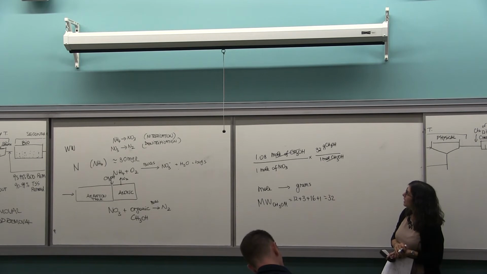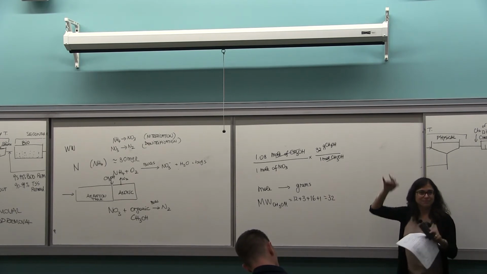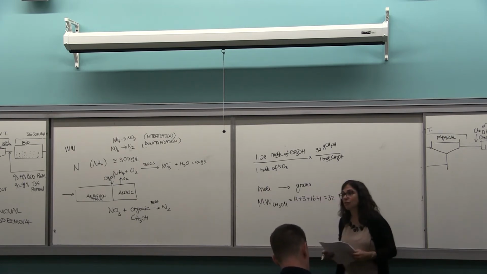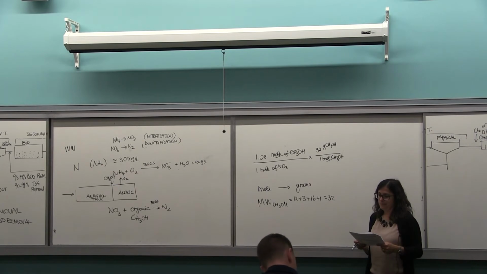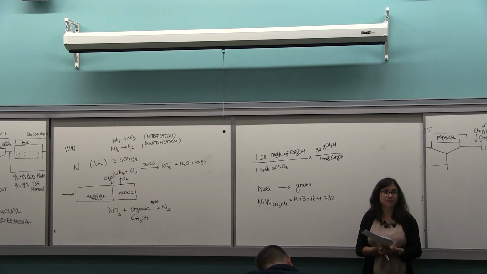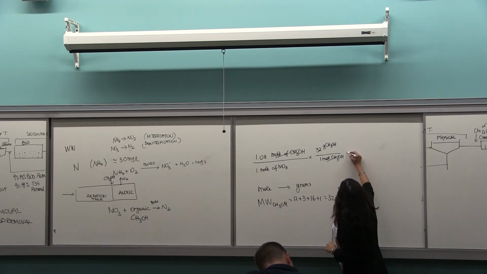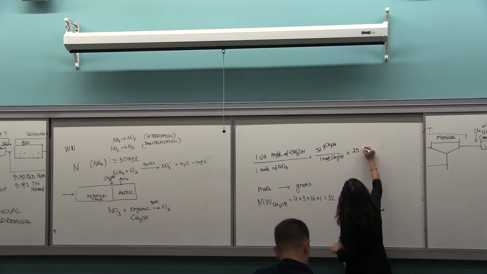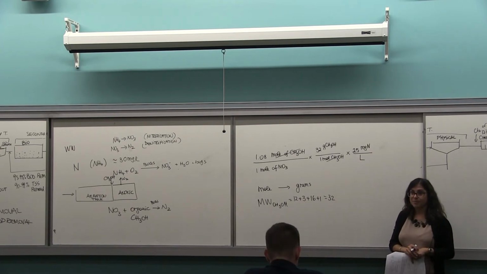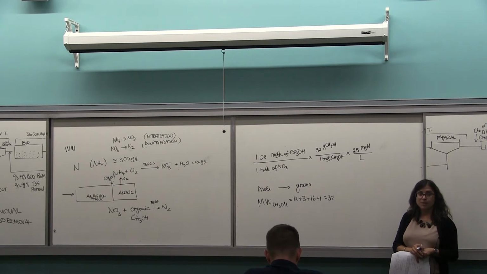So now I know that I need 32 gram of methanol for every mole of nitrate, right? But what we started with is 25 milligram of nitrogen per liter, right?